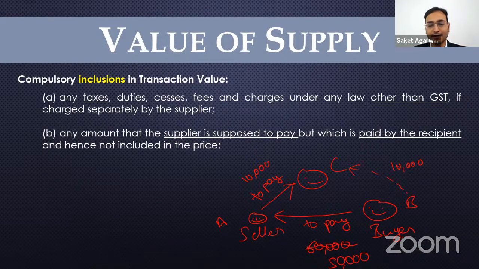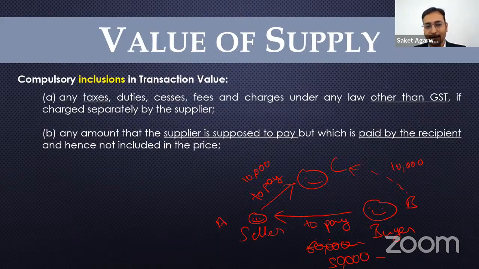From the buyer's point of view, still 60,000 rupees is going. Meaning, the actual value of what the seller is selling was not 50, it was 60. Government is saying, if such a situation has taken place, then please pay me my taxes on 60 only. Does not matter that on the invoice you are printing 50,000 rupees, but I want my taxes on total 60.